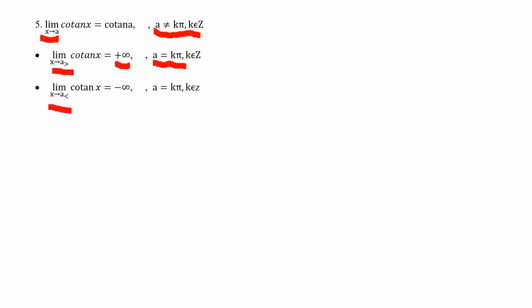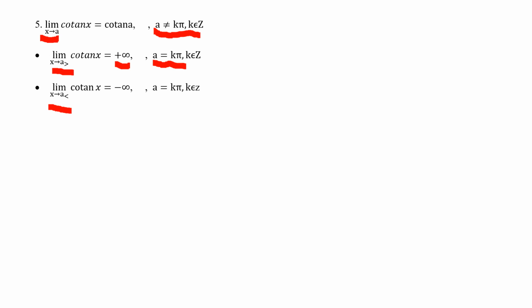Remember that when you replace k by any number, a will be different depending on the value of k. But when you find the tan and the cotan of those different angles, they are going to give you the same value.